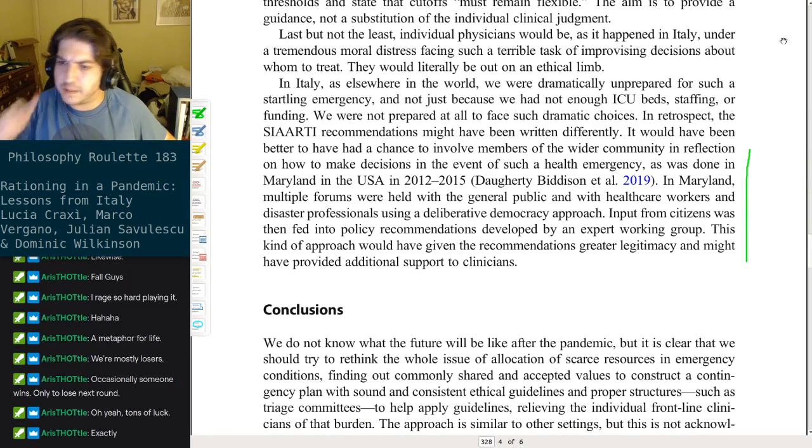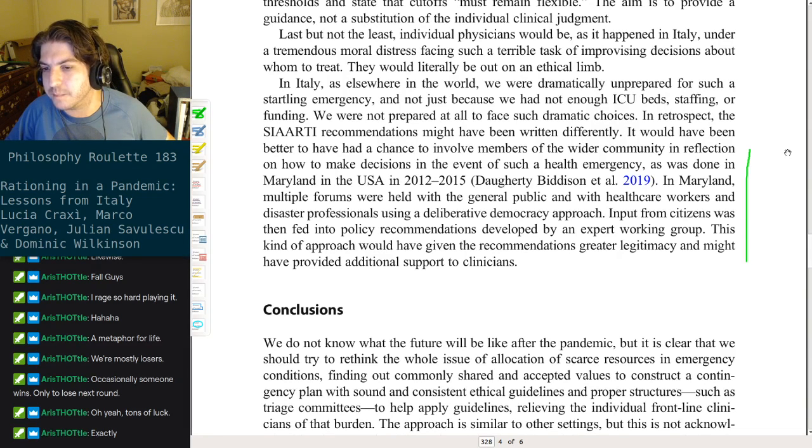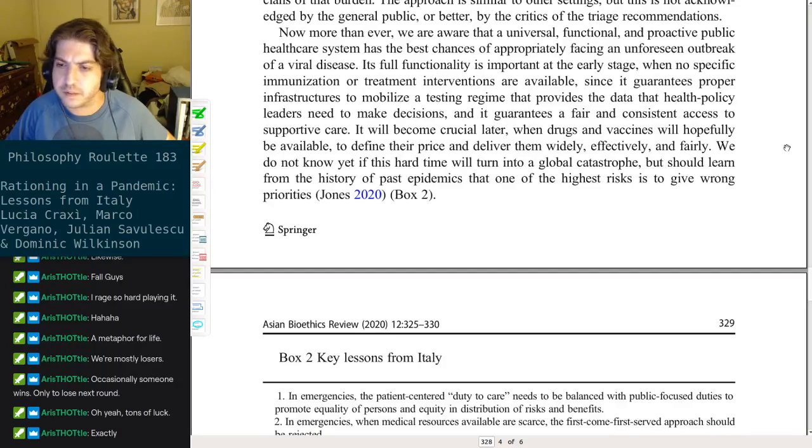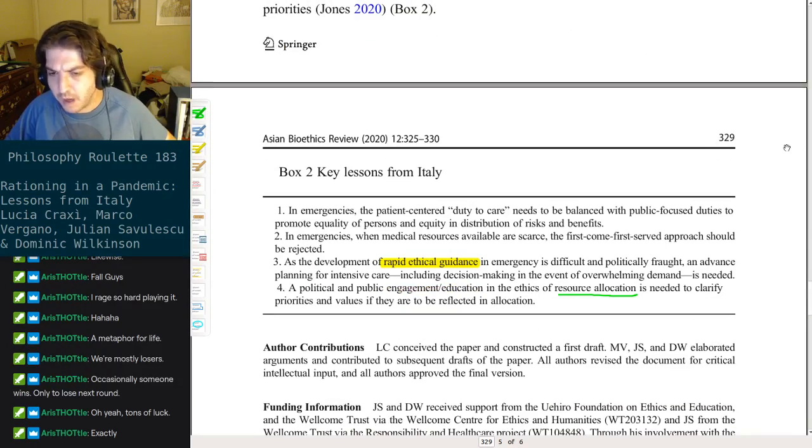So, this is a question. What was actually done here? Just because you have public engagement, that doesn't make it good. Maybe that makes it more palatable. And the political will in this country is just lacking, so that's interesting.